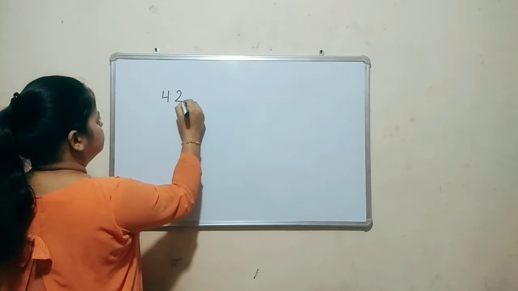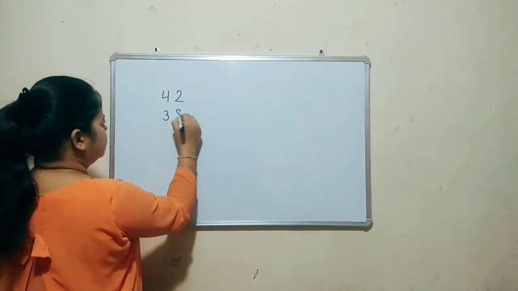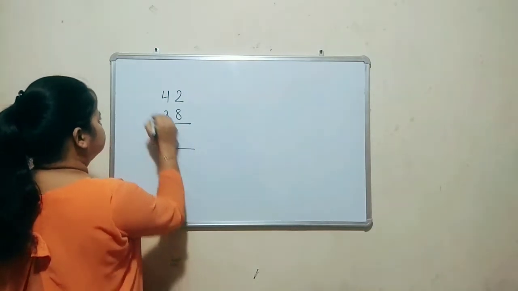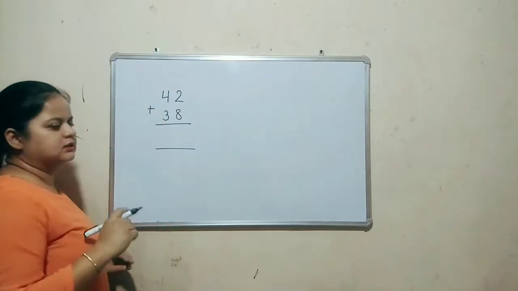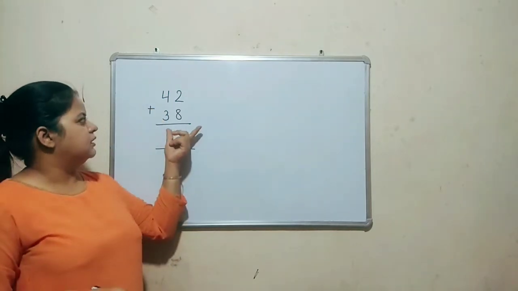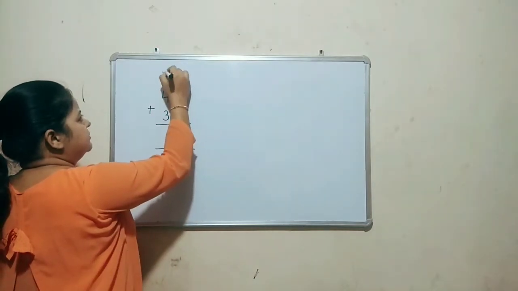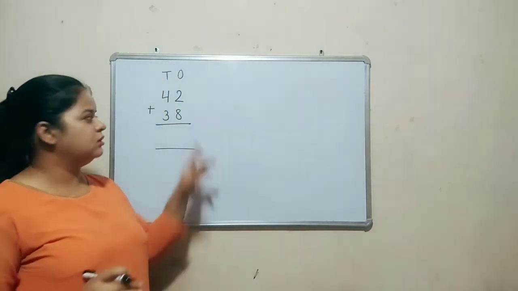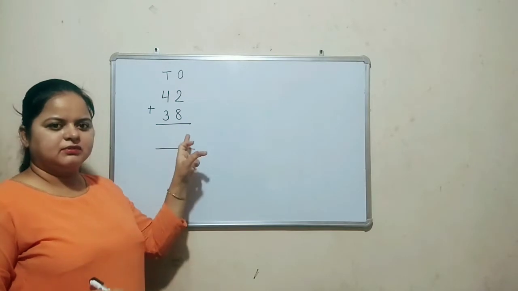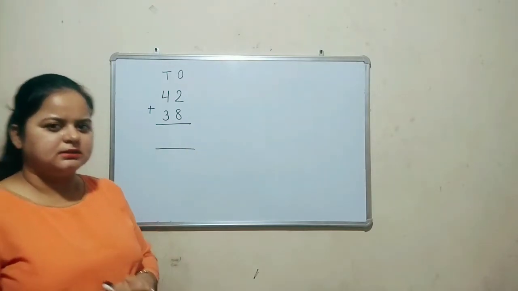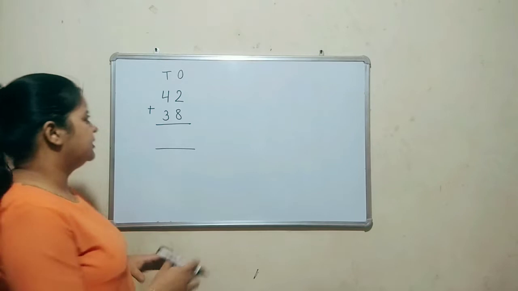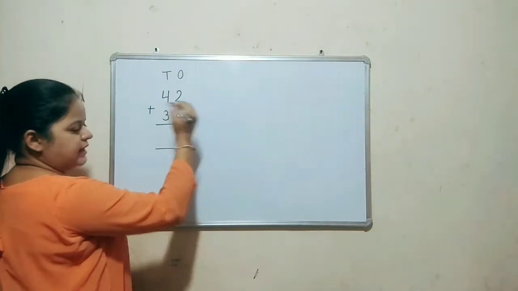4 2 3 8. This is the sum. Okay, we have to add the numbers that are placed on the ones place. सबसे पहले हमें कौन से नंबर्स को, कौन से डिजिट्स को ऐड करना है जो वंस की साइड में है.